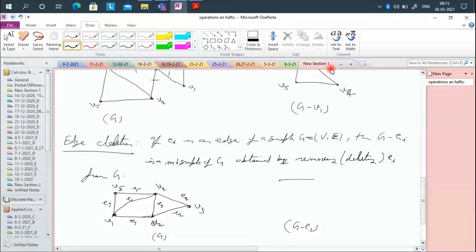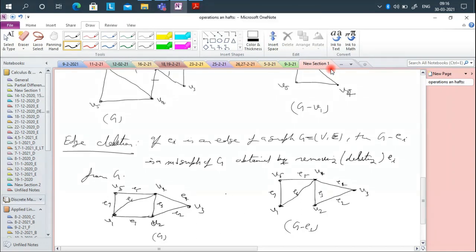So this is equal to V1, V2, V3, V4, V5 with edges E6, E5, E7, E4, E2 and E3.